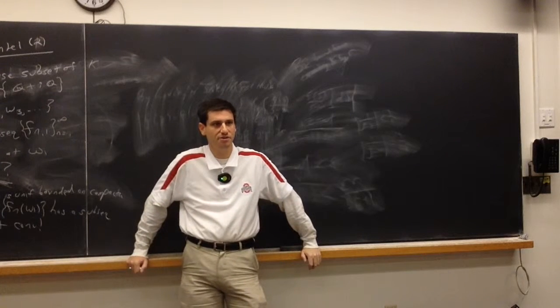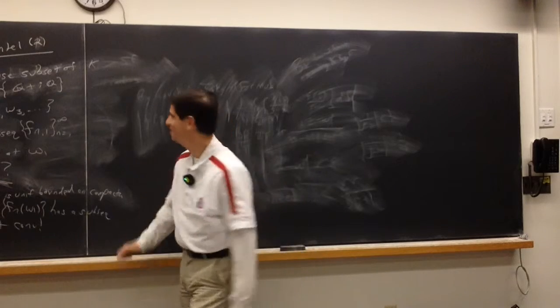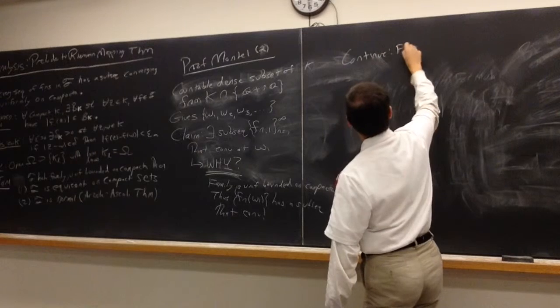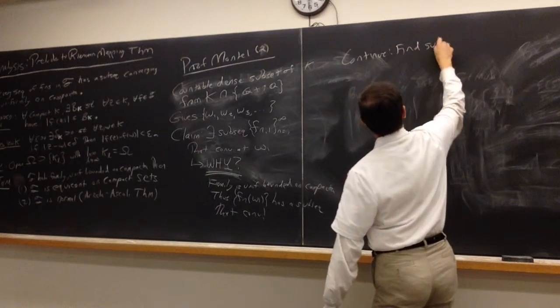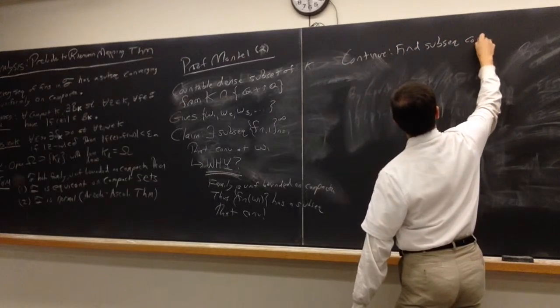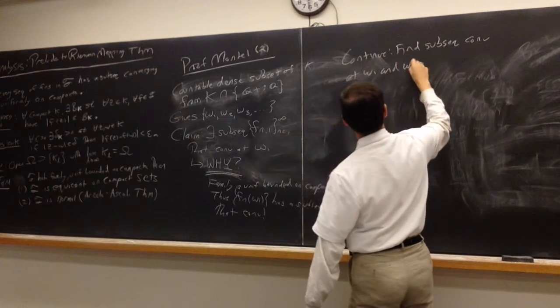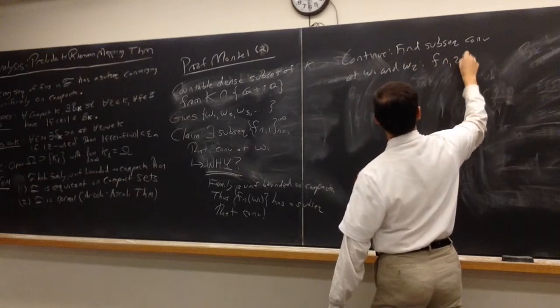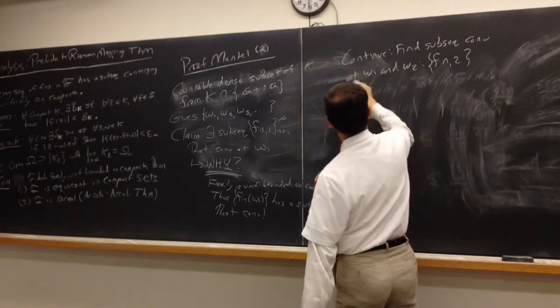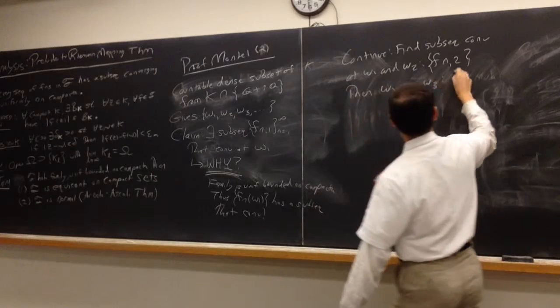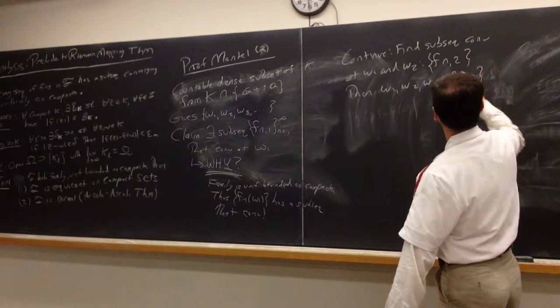What should we do next? W2. And then W3. So continue: find a subsequence converging at W1 and W2. Let's call it Fn2. Then for W1, W2, W3, we'll call that Fn3.